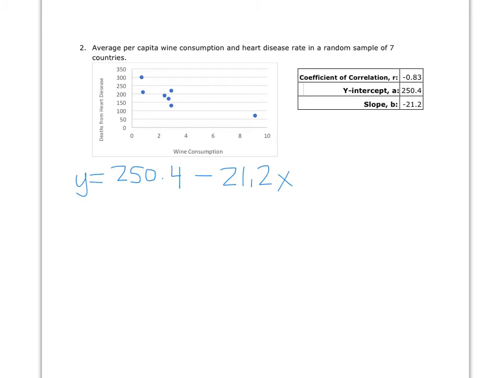And r squared, we'll take our value of negative 0.83, square that, have an r squared value of 0.6889. So if we round to 2 decimal places and write that as a percentage, that gives us 69%.